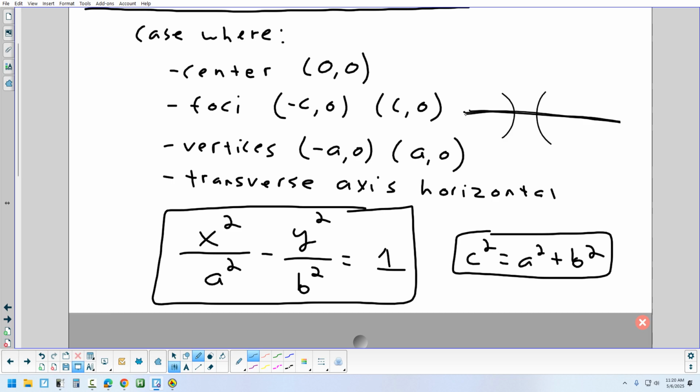Now, the way you can tell whether the transverse axis is horizontal or vertical is by the letter that's right there. When you write the equation of a hyperbola, one of your letters has a negative in front of it, the other one is positive. Whatever letter is positive, that is the direction of the transverse axis. So in this case, the x is positive, the transverse axis will follow the x.